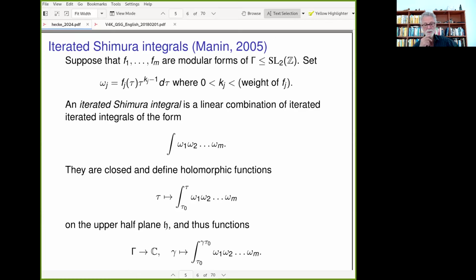If you think about what this means, you should think of the upper half plane as being the universal cover of the corresponding modular curve. And if you had a loop in the modular curve corresponding to gamma, it would lift to a path, unique up to homotopy, from tau 0 to gamma of tau 0.